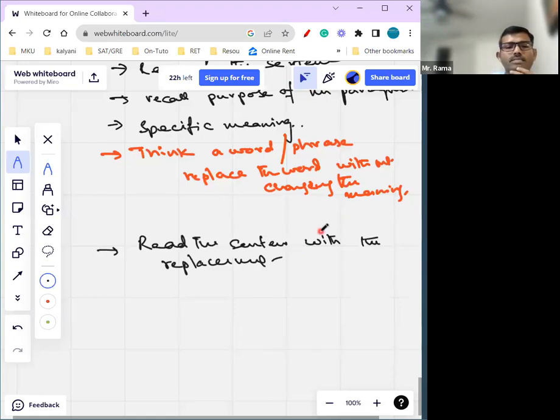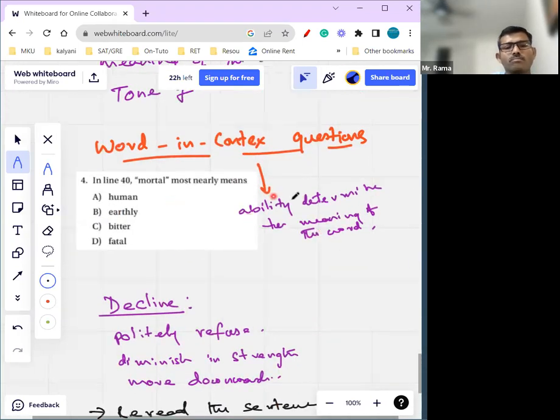Now let's look at a word in context question: what does "mortal" merely mean? I know some of you already answered that. If you look at this, mortal has many different meanings. For example, "so great is merely mortal" means he's a human.